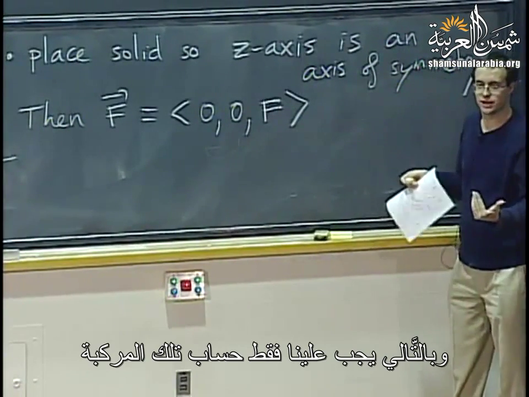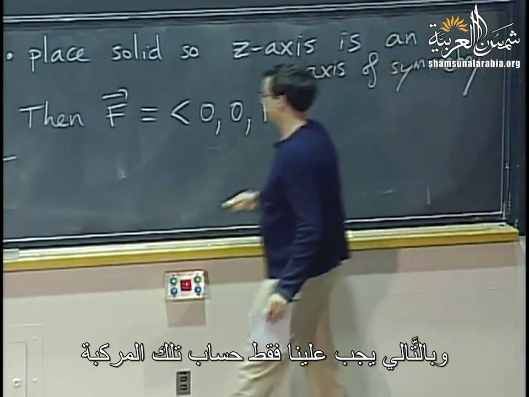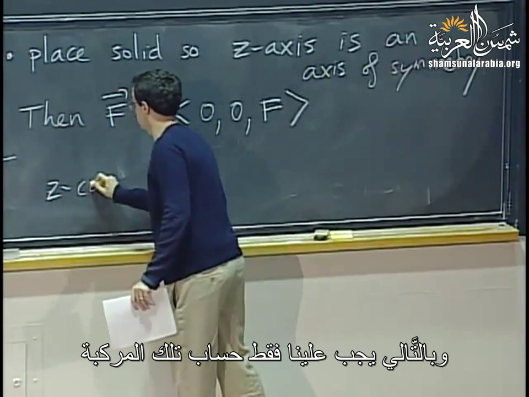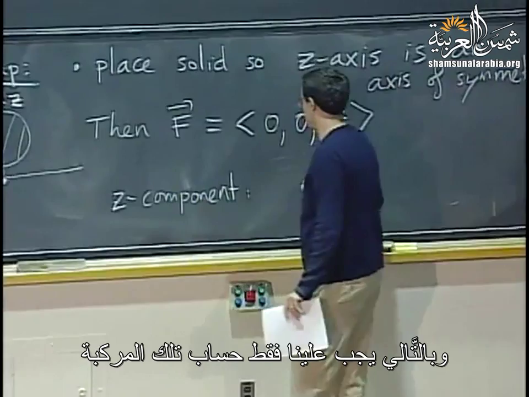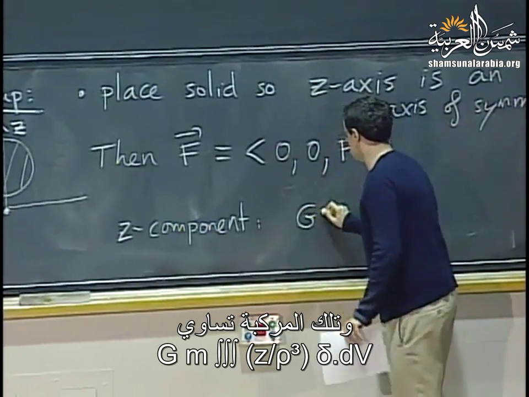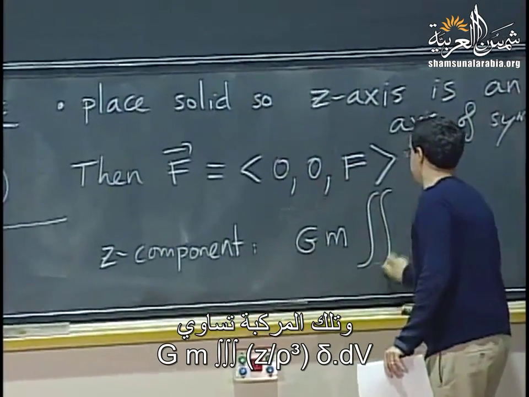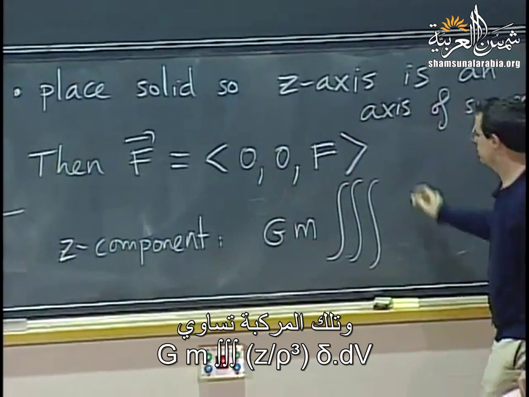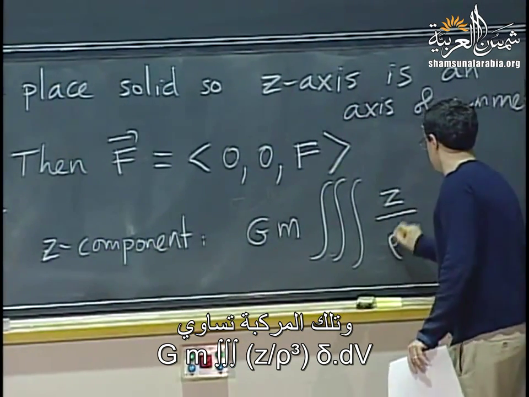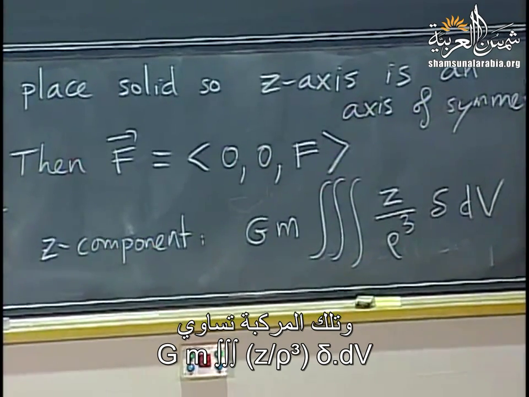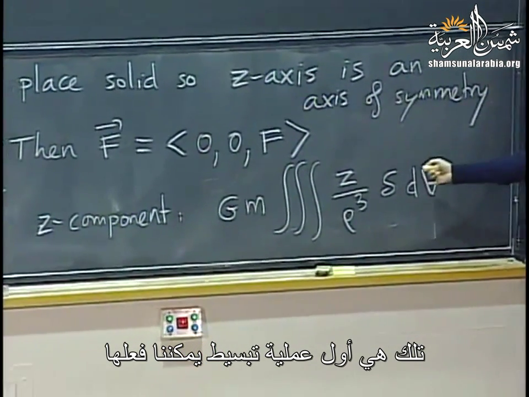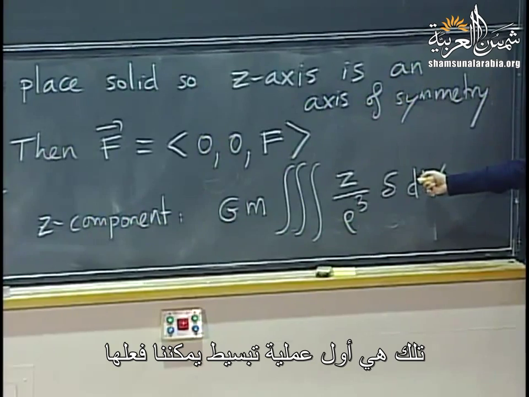And then you just need to compute that component. And that component will be just G times m times the triple integral of z over rho cubed delta dV. Okay, so that's the first simplification we can try to do.